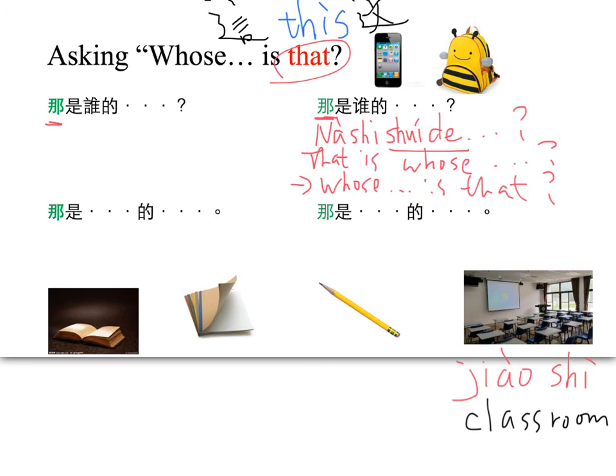So you want to say 那是肖老师的书包 instead of saying whose, 谁的, you substitute it with 肖老师. Got it? Okay, let's practice with one more thing on the slide. 教室 classroom. You should know it by now.